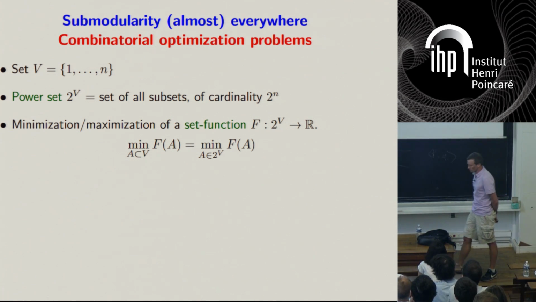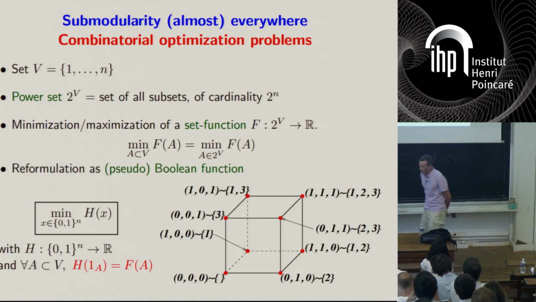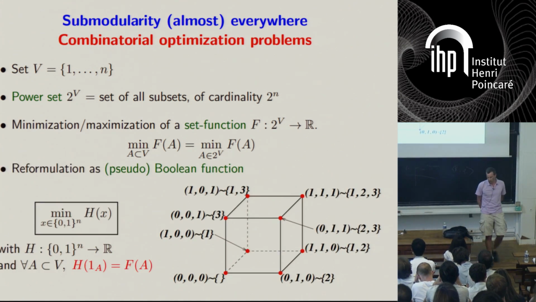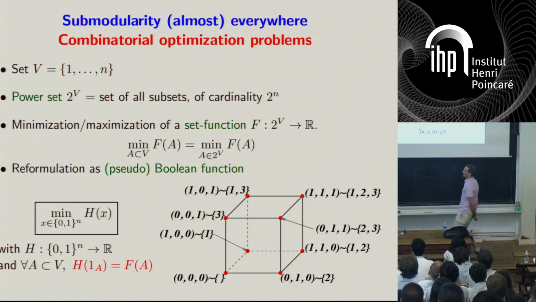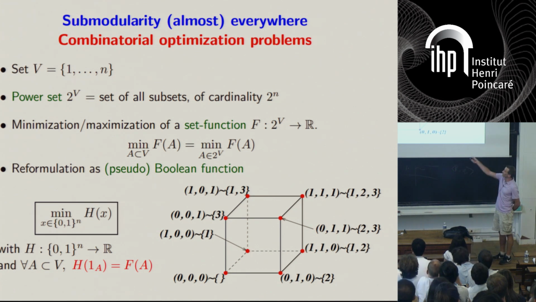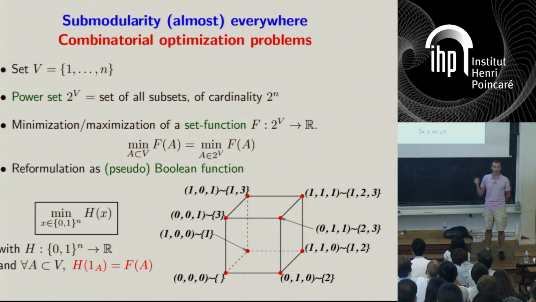This is the usual way of formulating it, but in this talk, I will prefer to use a binary hypercube formulation, which is in one-to-one correspondence with the set functions. You can go from subsets to any vertex of the binary hypercube by considering the indicator vectors. This is a very trivial reformulation, and I will focus mostly today on that binary hypercube.